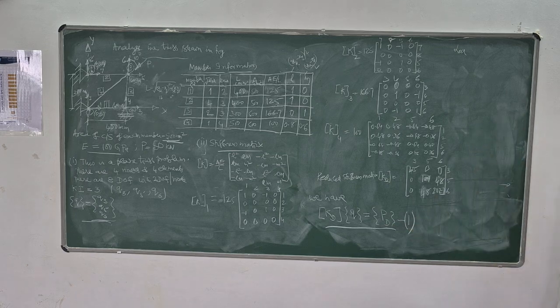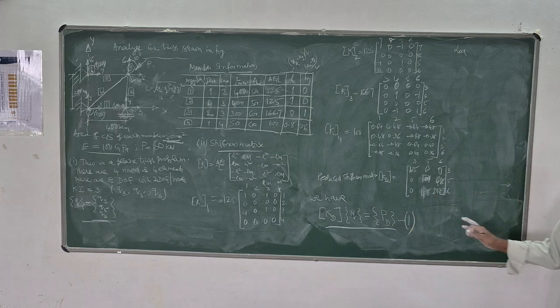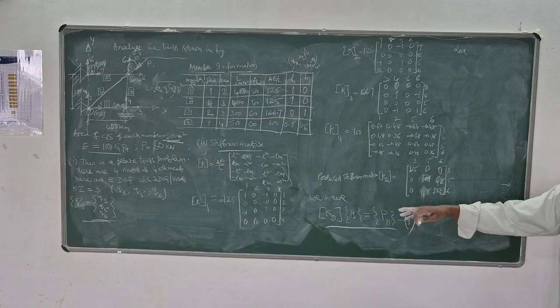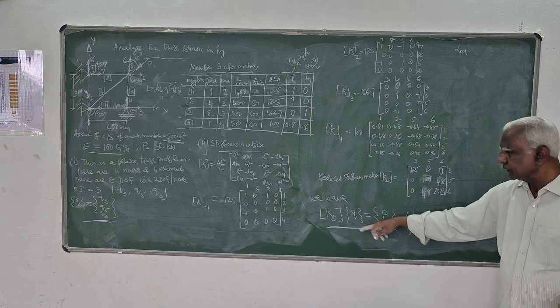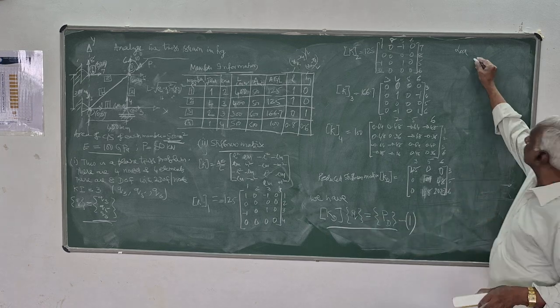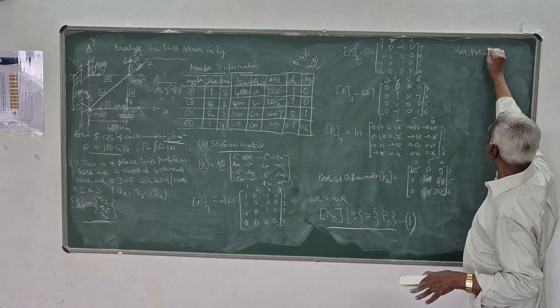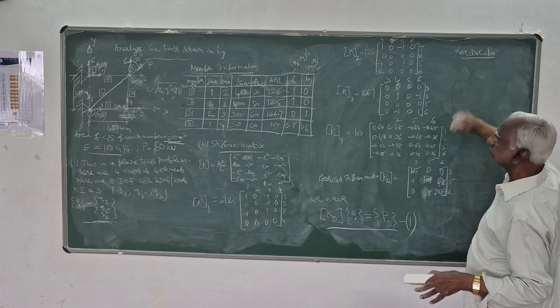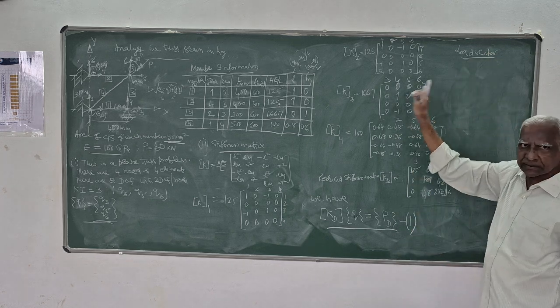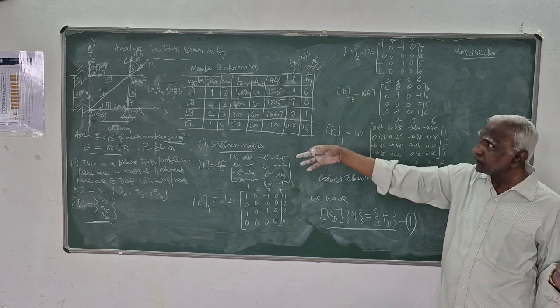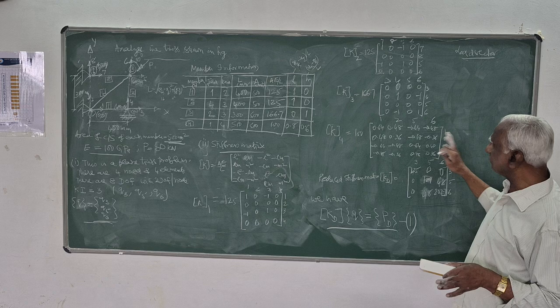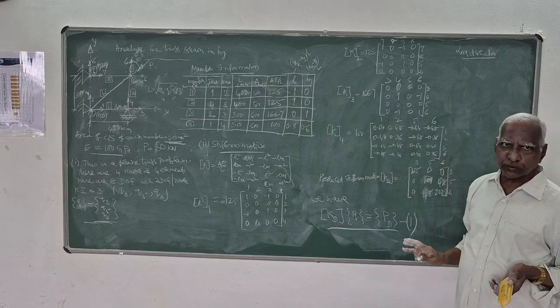This is the global structure equation: global stiffness matrix, unknown displacements. So the load vector you have to compute. Here you don't have temperature effects given, you don't have lack of fit, only the given load. So for given loads, you can take it in kilonewtons.